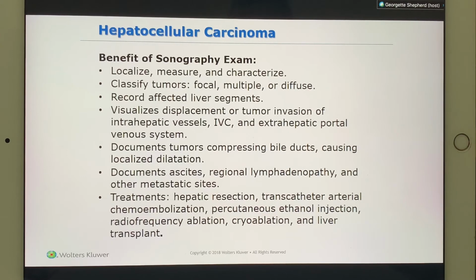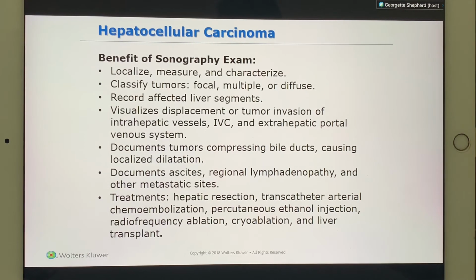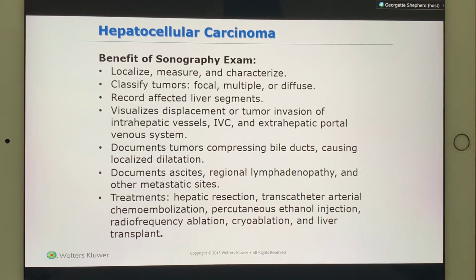Is it invading the IVC? Is it invading the portal system? Is it compressing the bile ducts? Is it causing localized dilatation? Do we have the barrel sign inside of the liver? Because if we have the barrel sign, we have intrahepatic dilatation of the ducts.